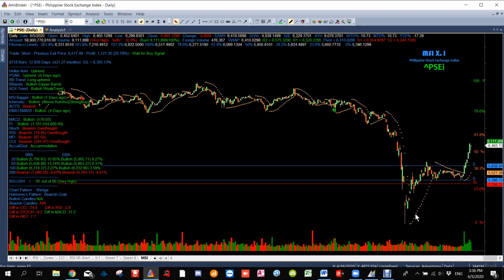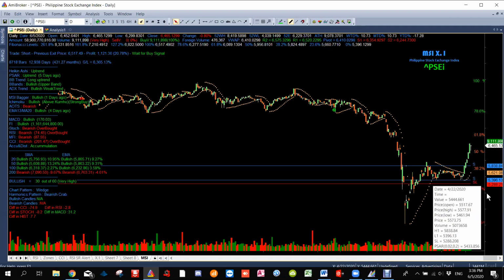Tapos, notice nyo na habang lumalayo yung dot sa price action, mas malayo pa yung days ng reversal. Pero pagka lumapit na yung price action sa dot, magbabago na yung trend.